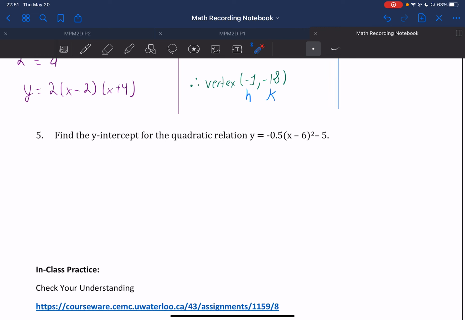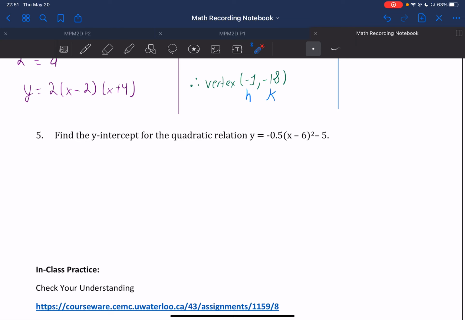Next one, find the y-intercept for the quadratic relation. So we have 3 forms. The current form it's in is vertex form, which tells us our vertex and our a. The other 2 forms we have are our standard form and our factored form. Our factored form tells us our a, our direction of opening, and our zeros. We don't want that.